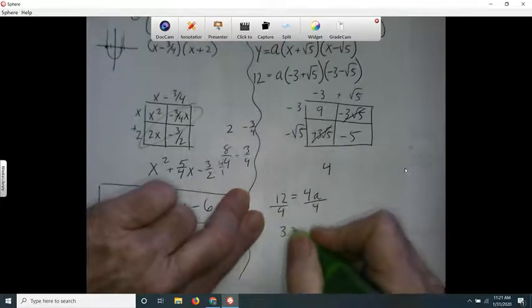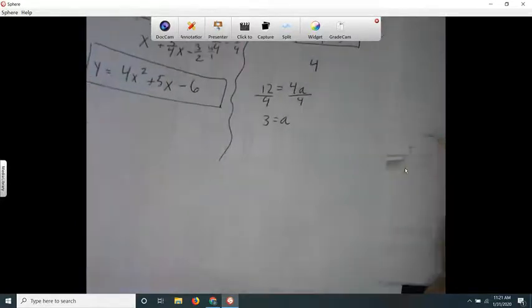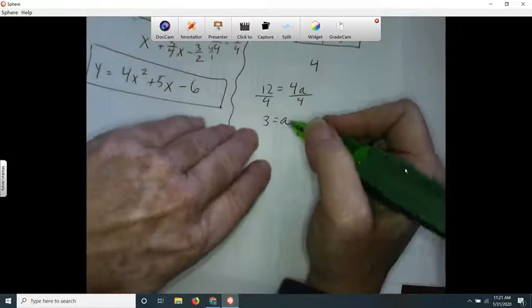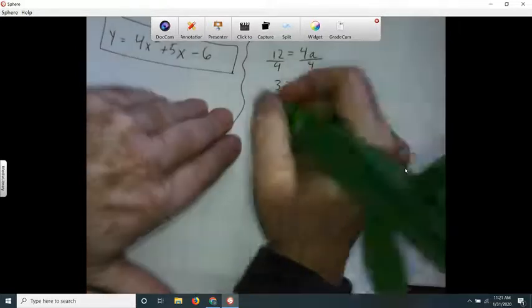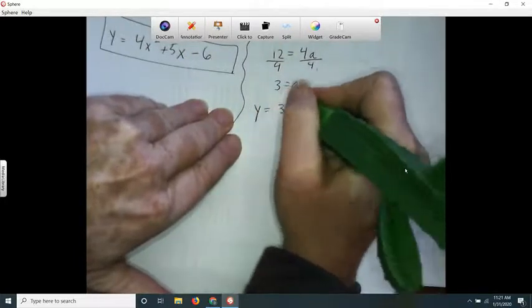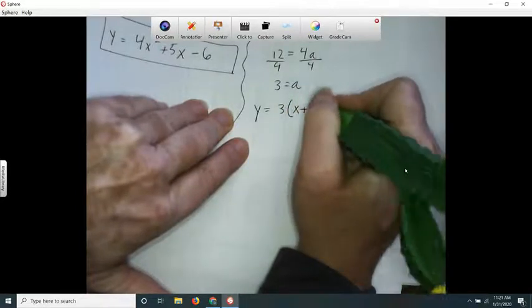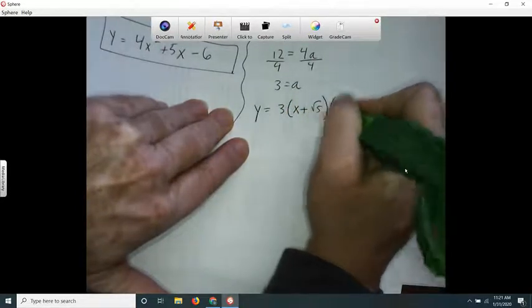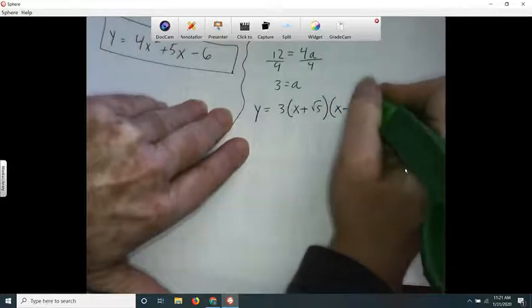So 3 equals A. And then, what is my equation? Well, yuck. So y equals 3 times x plus root 5 times x minus root 5.